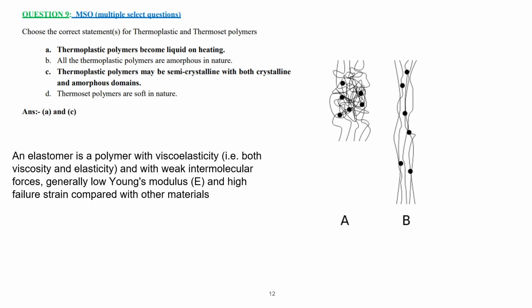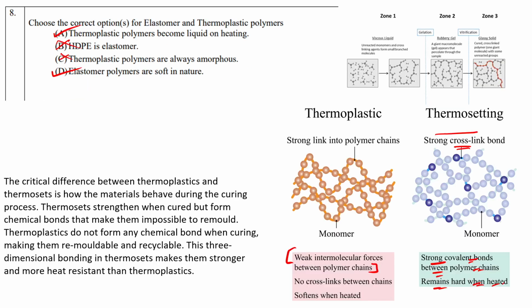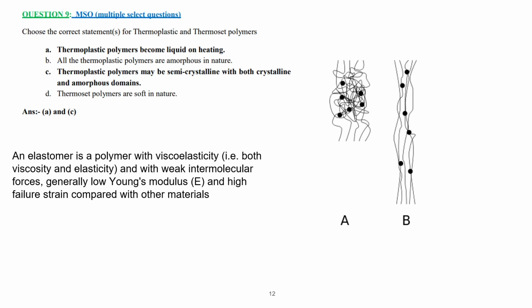So these are the basic properties that you need to have for your polymer; generally, you can call it an elastomer. Basically, an elastomer is a polymer with both viscous and elastic properties, which also has weak intermolecular forces. So that's why we have written it here like this. They are soft in nature and the Young's modulus is low.